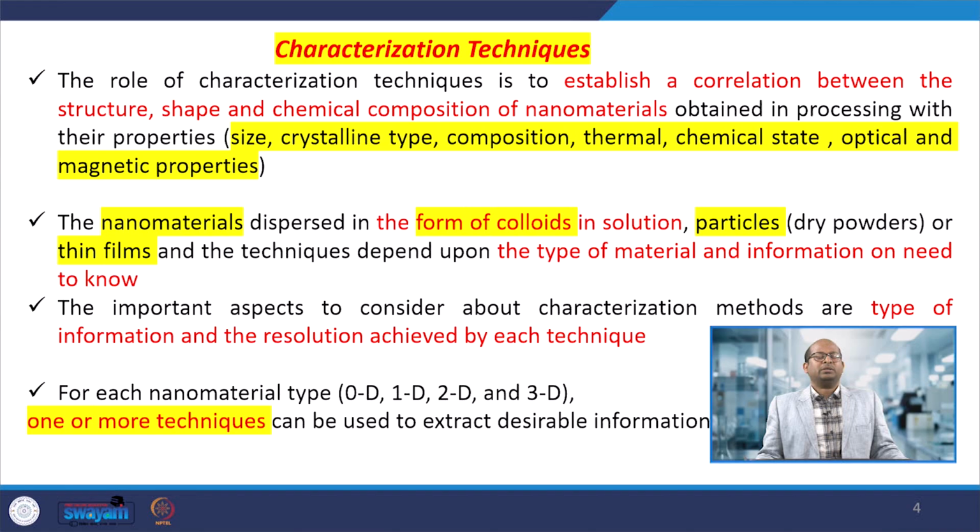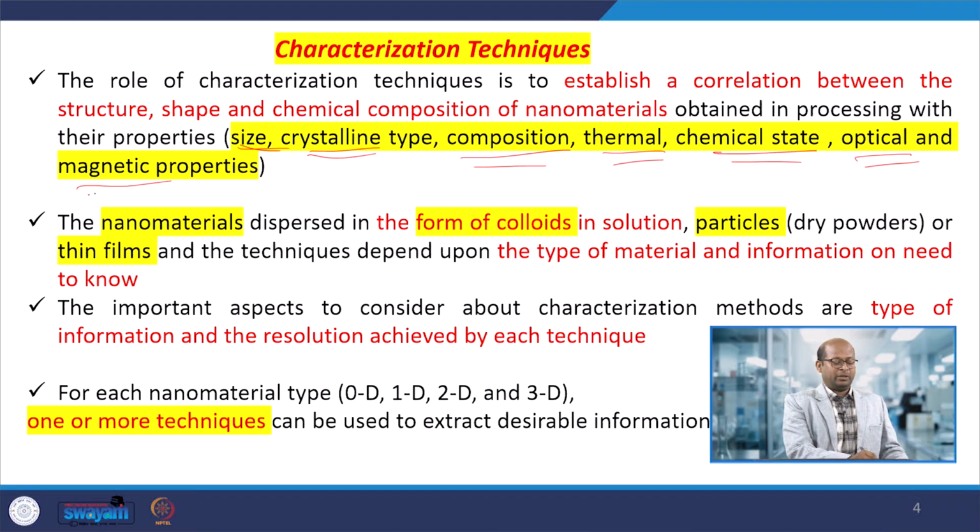That means size, crystalline structure, composition, thermal behavior, chemical state, optical properties, magnetic properties, and mechanical properties. These are the properties we discussed in our previous class, and they are important.